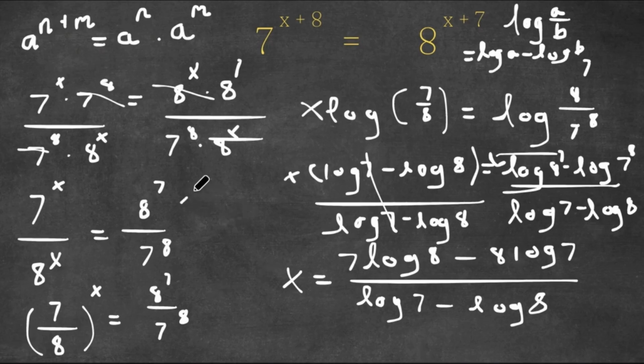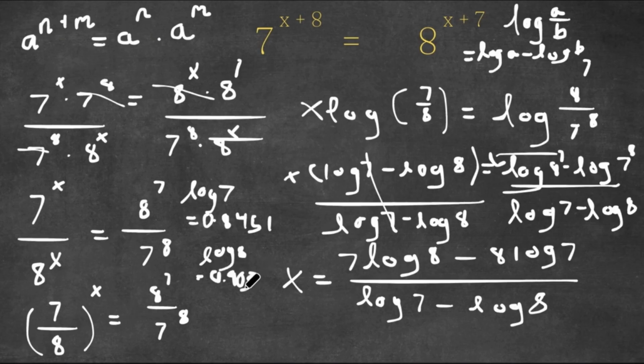Now, log 7 is actually equal to approximately 0.8451. And log 8 is equal to approximately 0.9031.